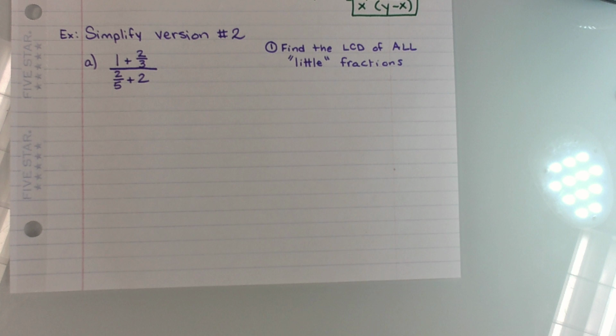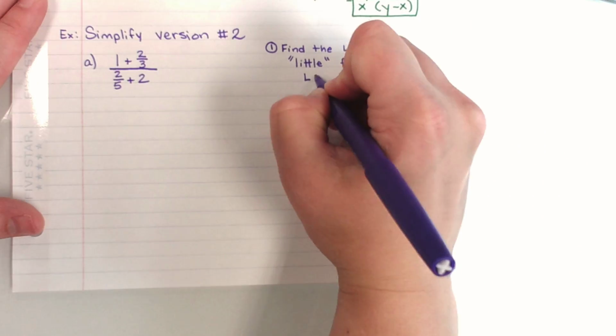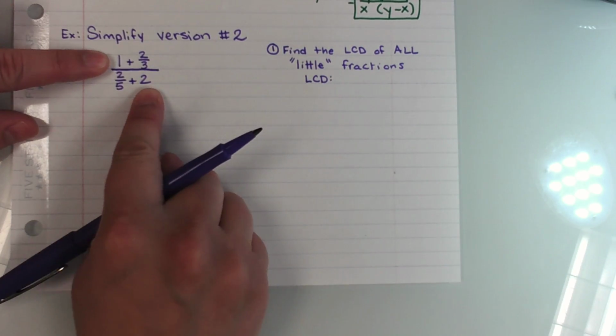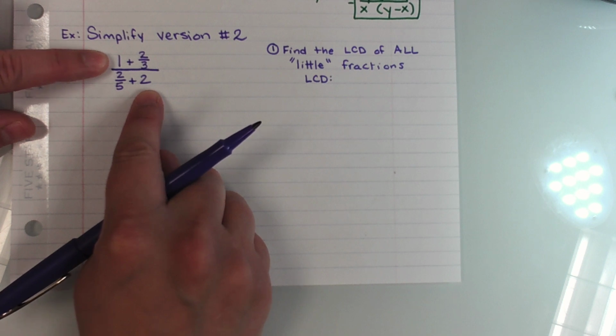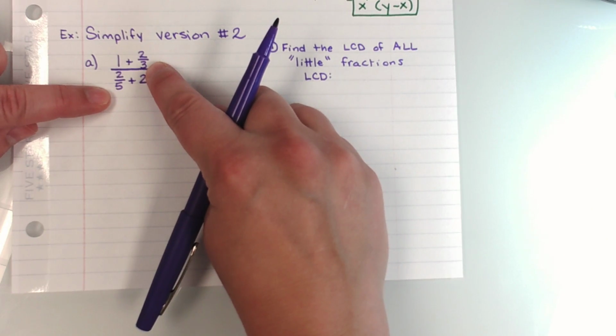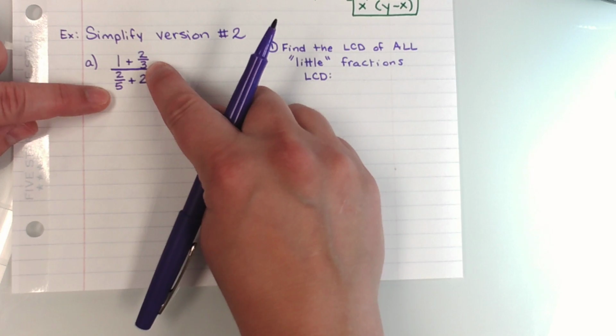All of the fractions that are inside that biggest fraction. The 1 and the 2 are both over 1. 1 doesn't really affect a greatest common factor or least common denominator. 3 and 5, least common denominator between those two, 15.